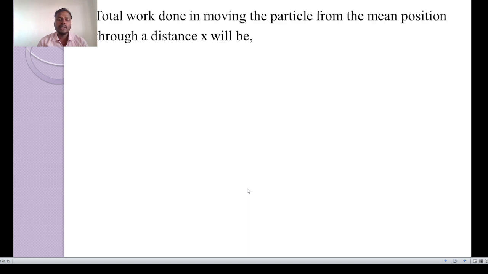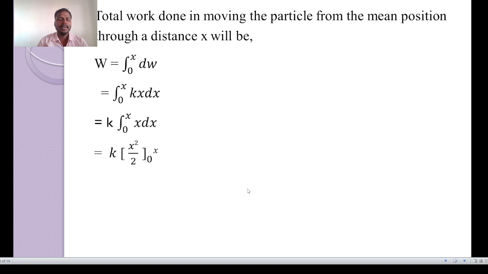The total work done in moving the particle from mean position through a distance x will be w is equal to integration of dw from 0 to x. Putting the value of dw, we can write integration 0 to x kx into dx. Now we know that k is constant. Taking the constant outside the integration, we can write w is equal to k integration 0 to x dx.